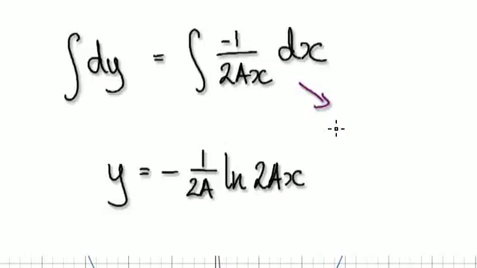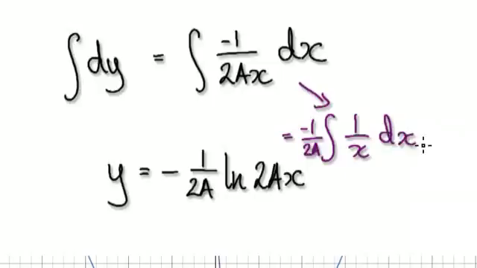Visualize it as this. Don't forget, capital A is a constant. Everything else is a constant. It's just the x that's varying. So you could take all the constants out, and then that will give you this.